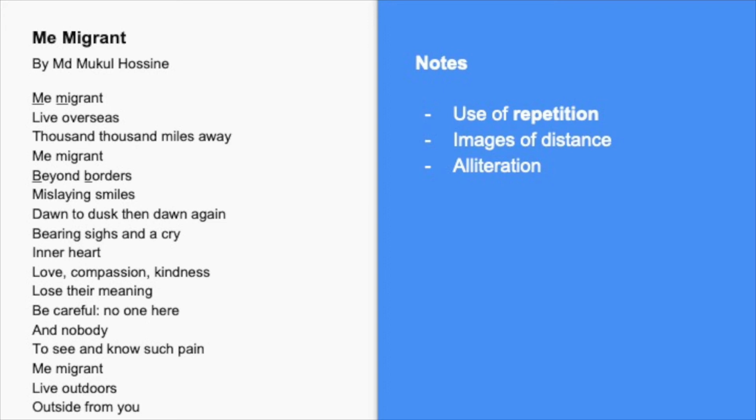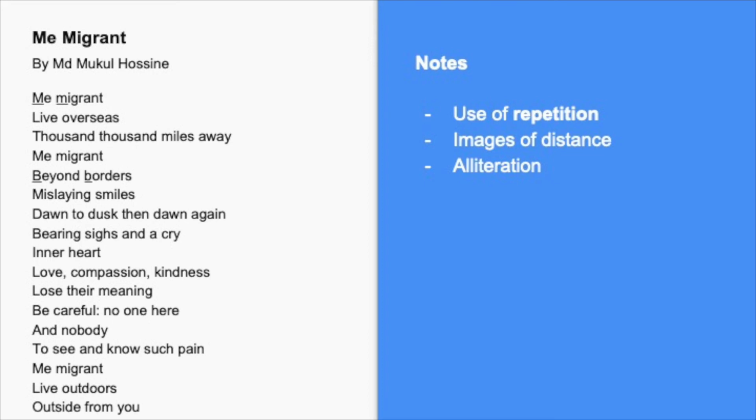Something else I noticed about the poem is how short the lines are. In many of the lines, it's really just 2 words, and the lines that are a bit longer convey a bit more emotion.